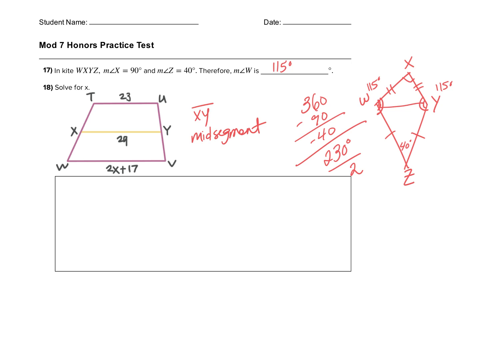Okay, now a mid-segment, similar to a midpoint, connects the two midpoints of the opposite sides, so that TX is congruent to XW and UY is congruent to YV.